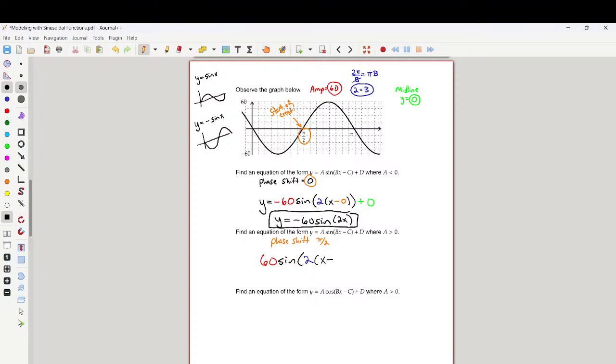But we do have a phase shift of pi over 2. Our midline is still 0.